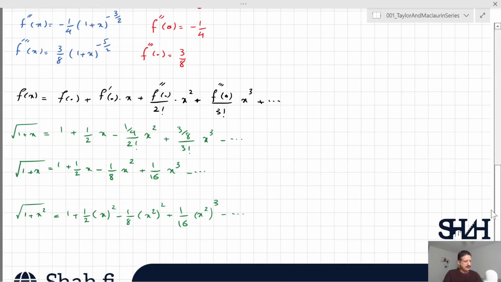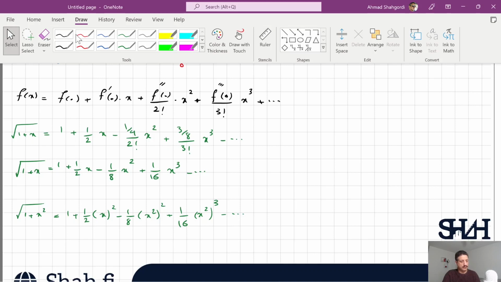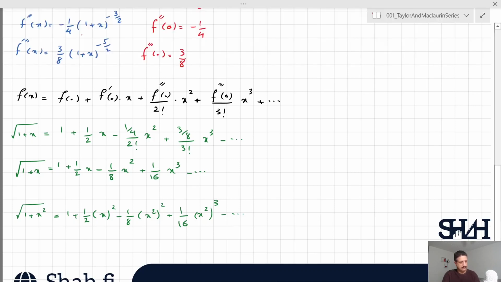Also, it is very interesting that you can substitute any function instead of x in this function, the square root of 1 plus x.